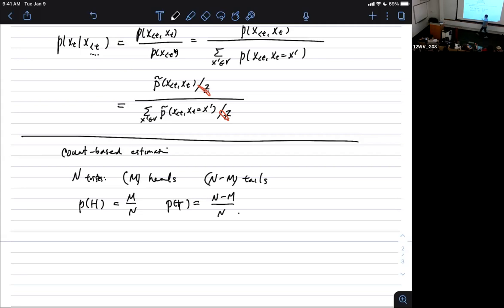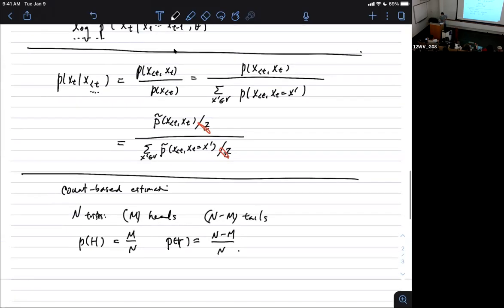In other words, if we have some data of the things that are happening, then to get this estimate of the probability, all we need is to look at the count. We just count the number of times this prefix, this text snippet, appeared, and then count the number of times this particular text snippet appeared.